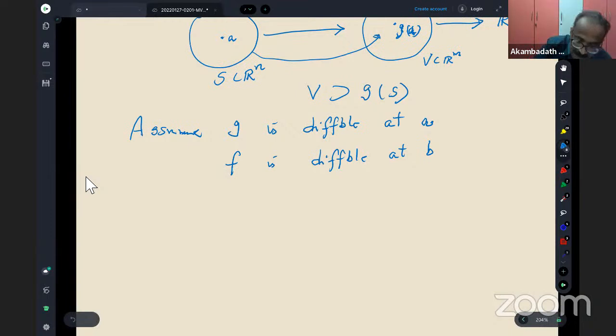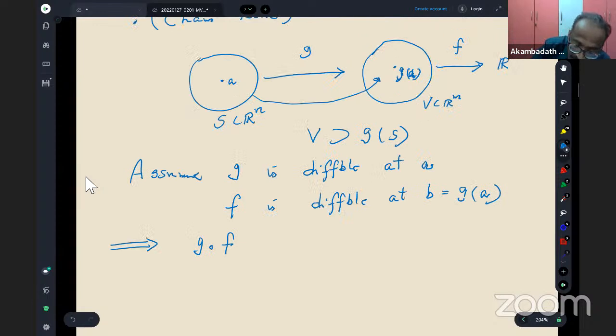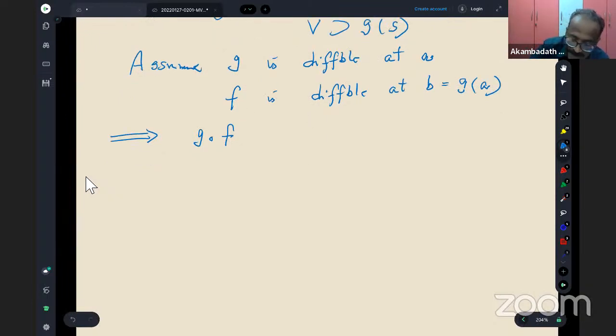And of course, what is B? B is equal to G of A. With corresponding derivatives G prime and F prime, that implies F composition G is differentiable at A. It is F composition G, because I had taken F second.